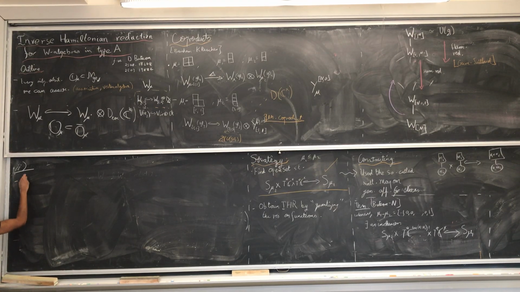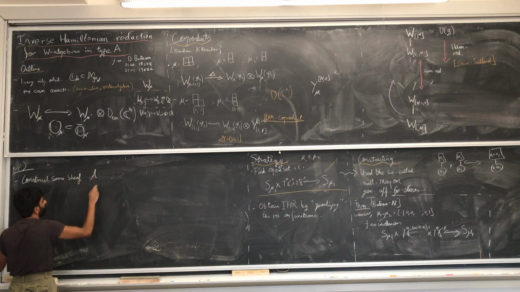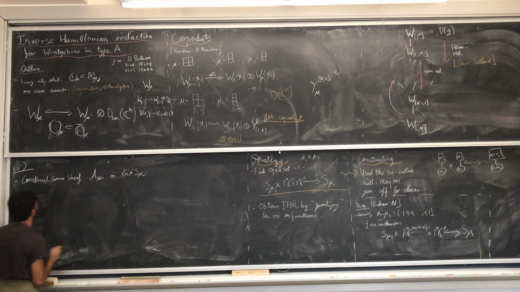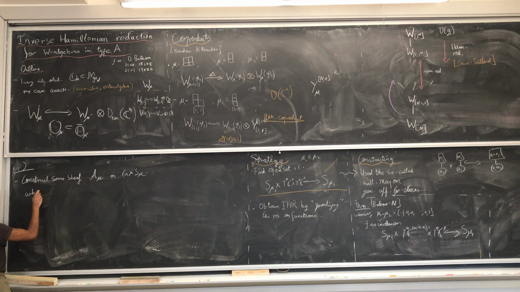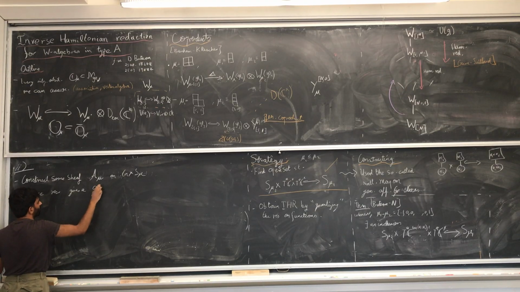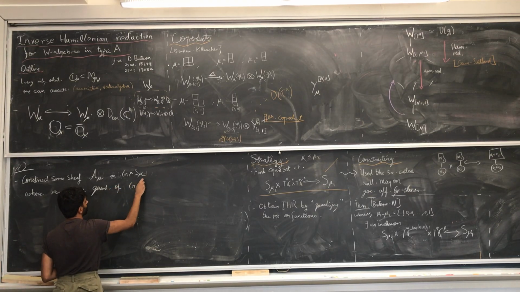We're able to construct some sheaf A_mu on this linear slice, whose restriction gives a quantization of the smaller guy.